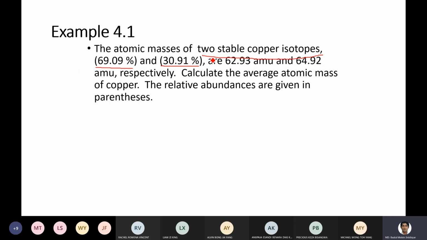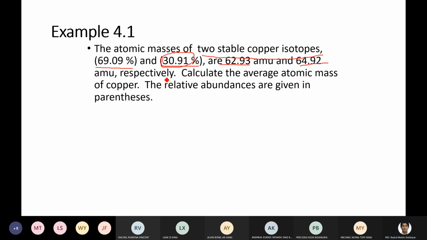So you find one copper isotope at 69% in nature, and another at 30.91%, or 31%. The one found at 69% has an atomic mass unit of 62.93, and the other, occurring at 31% in nature, has an atomic mass unit of 64.92.